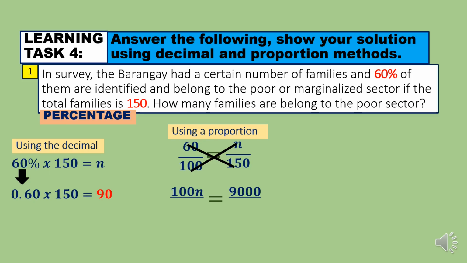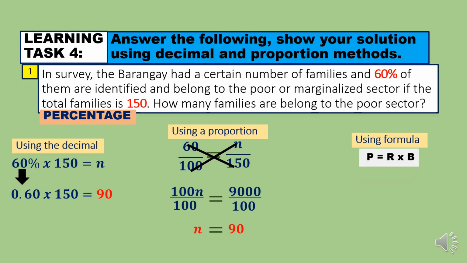Then, i-divide natin ito sa parehong 100. 100n divided by 100 equals n. 9,000 divided by 100 equals 90. In using formula, karagdagan, P equals R times B. Rate is equal to 60% and the base is 150.